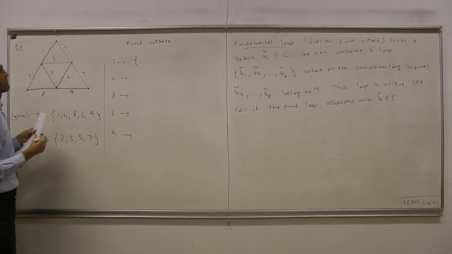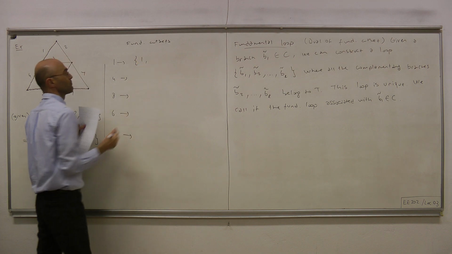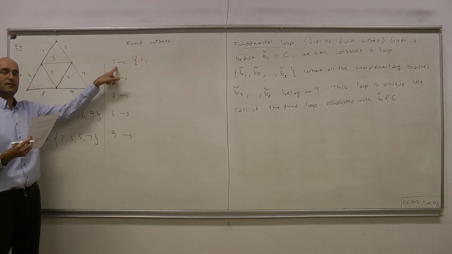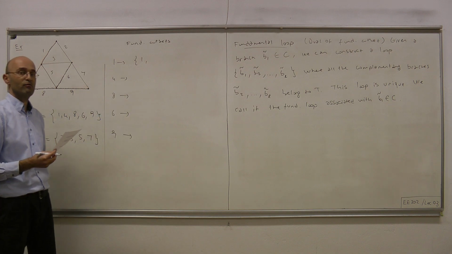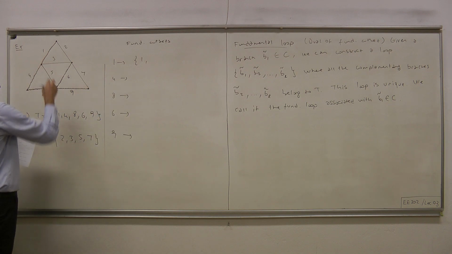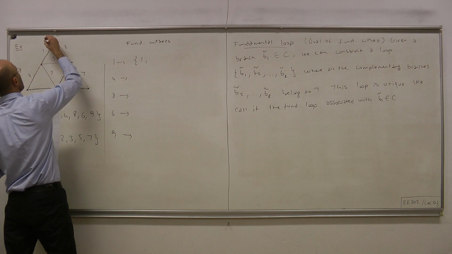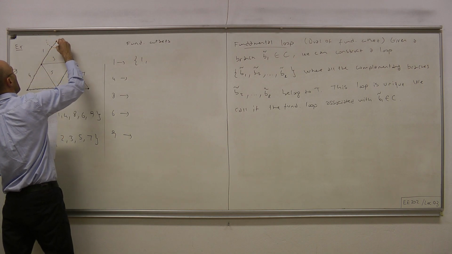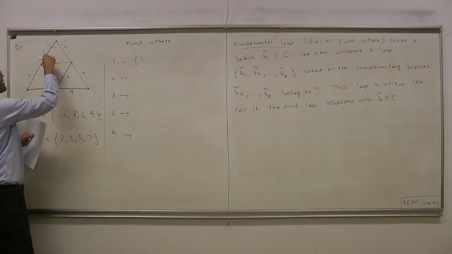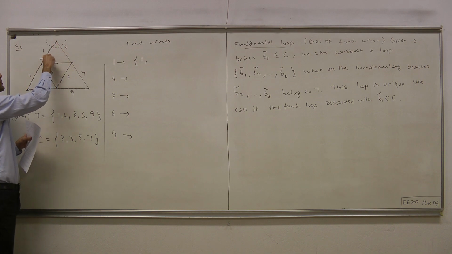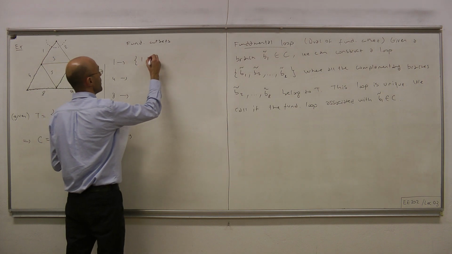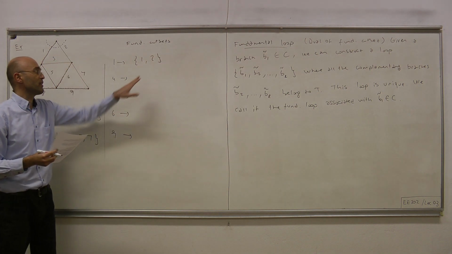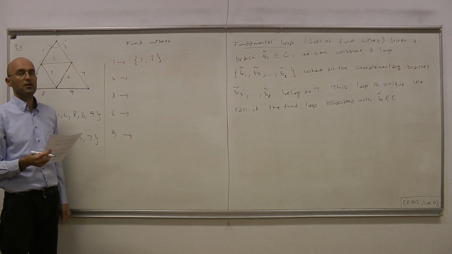For the branch 1, first of all, it must contain that tree branch, and all the other branches must come from the Cotree. Okay, it's not difficult to see that this is the cut set, namely 1 and 2, that's associated to tree branch 1.